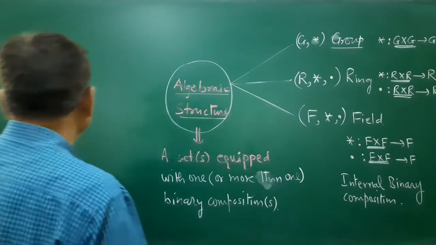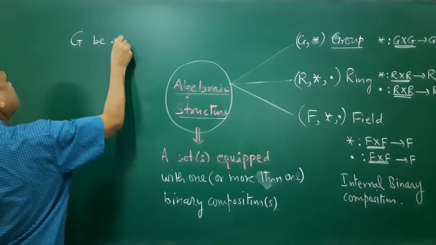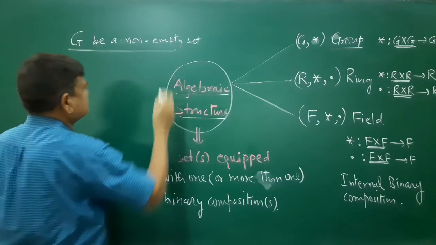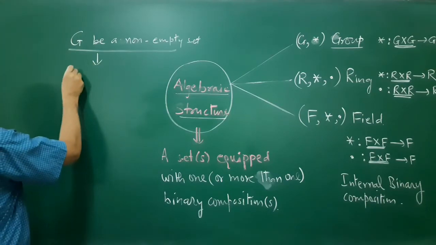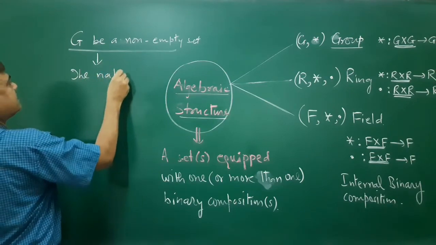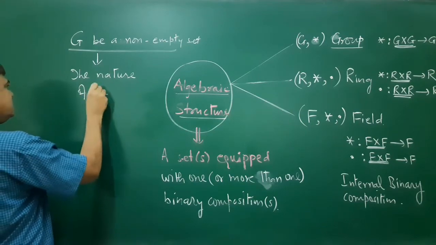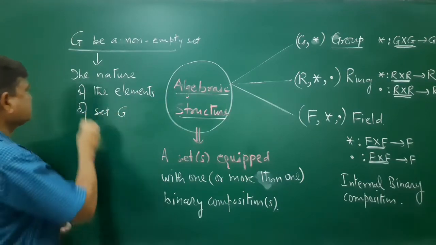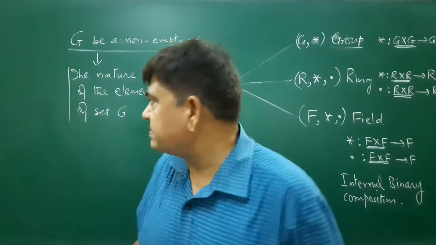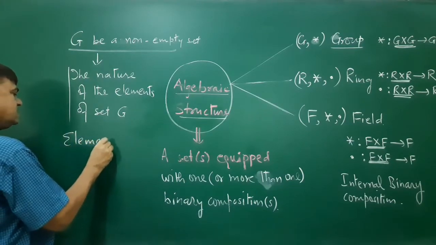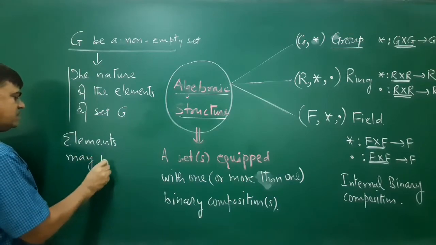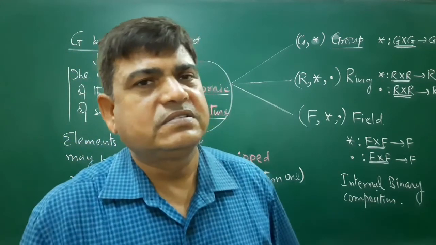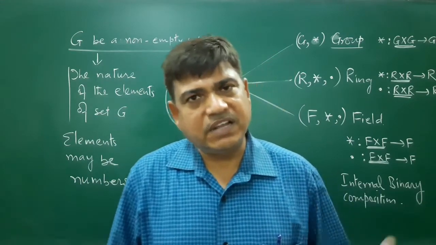So whenever a set is given, suppose Z be a non-empty set. In the first step, find the nature of the elements of set Z. The nature of the elements of set Z means elements may be numbers, natural numbers, integers, whole numbers, rational numbers, irrational numbers, real numbers, whatever it is.